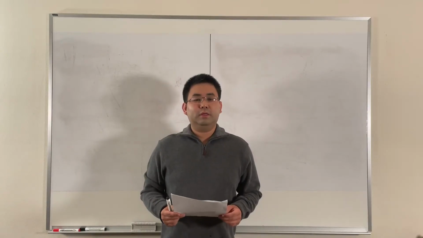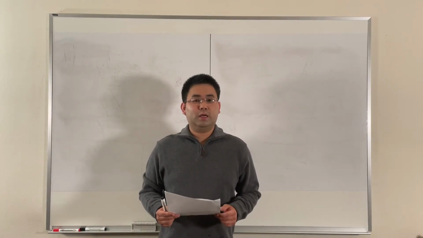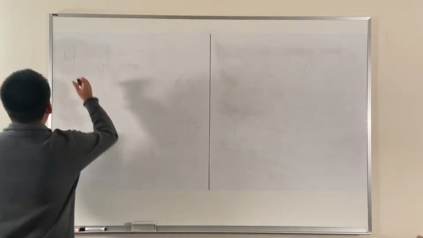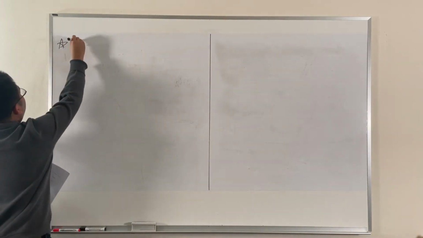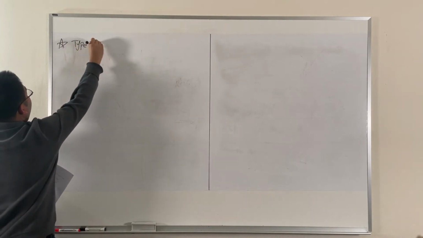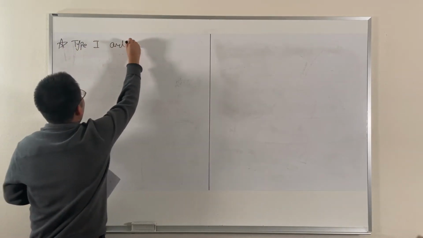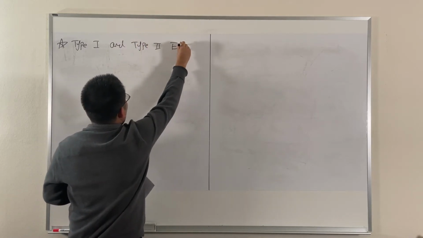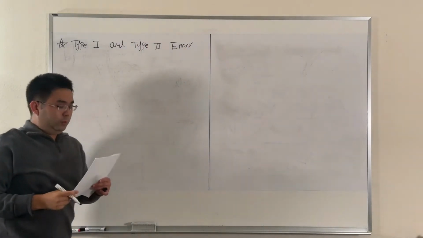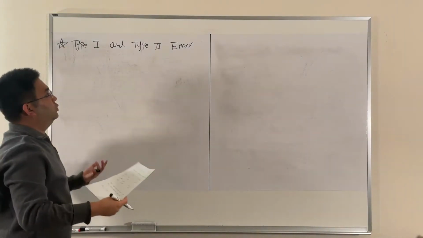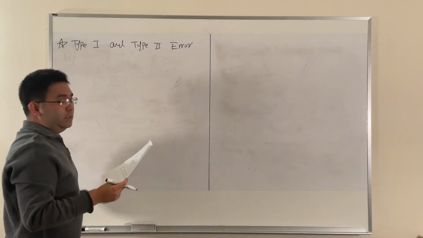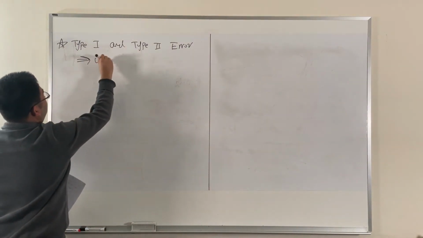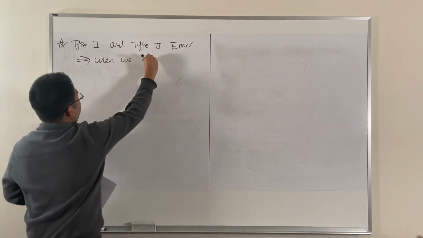Hi everyone, in this video I want to talk about the concept of type 1 and type 2 error. One thing I want to be certain to state is that when we do testing, we might make mistakes.